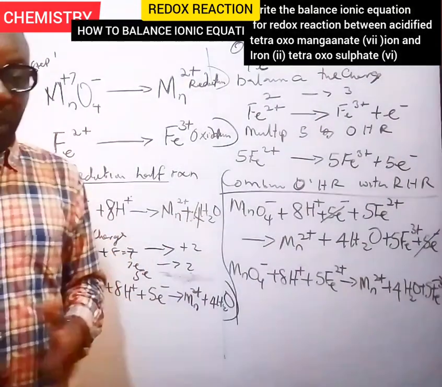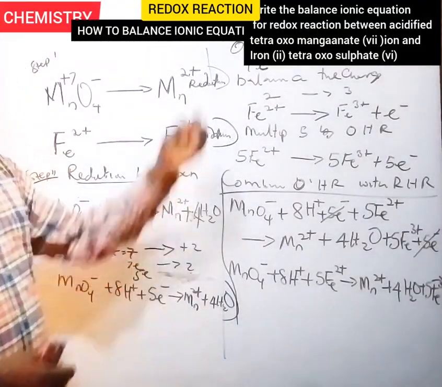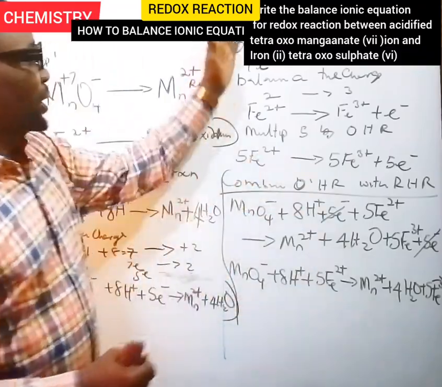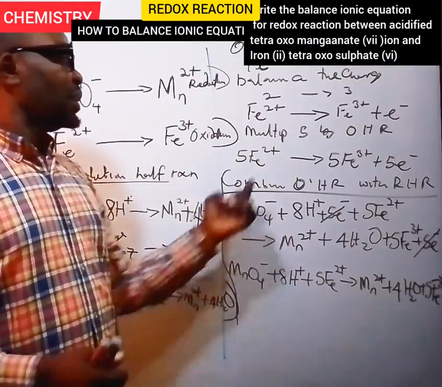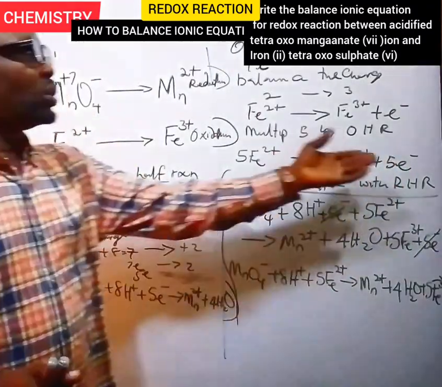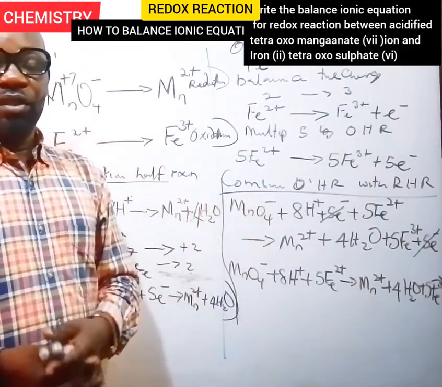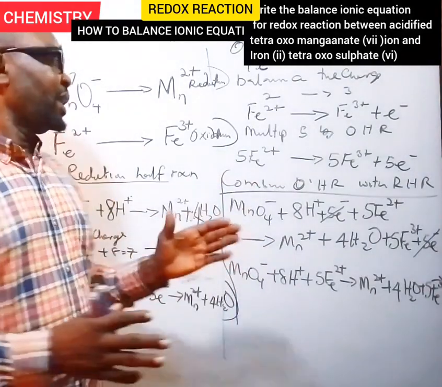Then you also balance the charge. The same thing you do for the oxidation half reaction. After that, you make sure that the charge at the reactant is equal to the charge at the product side as well. Then you cancel out and write the remaining equation.